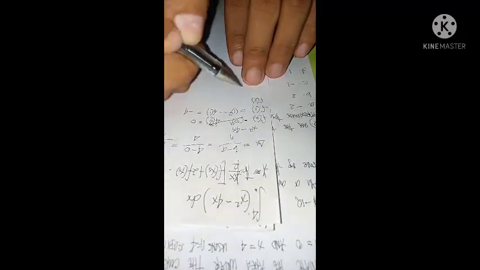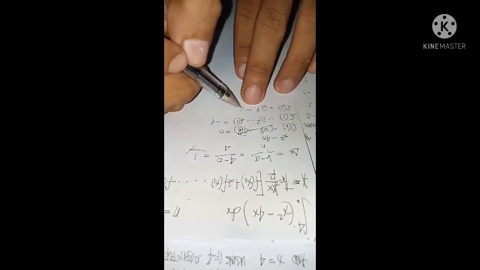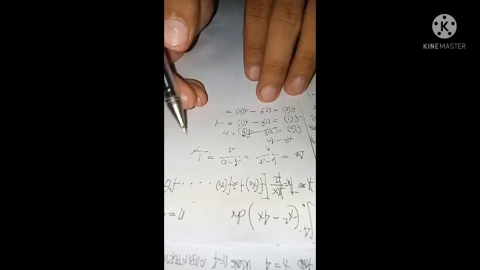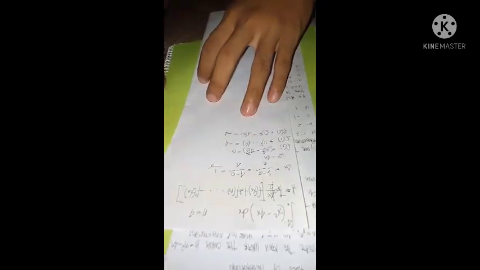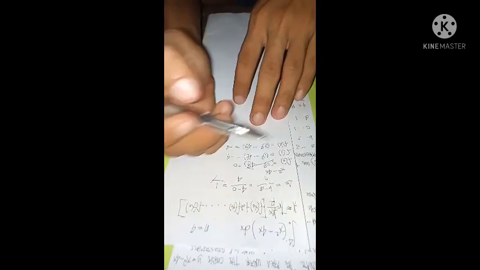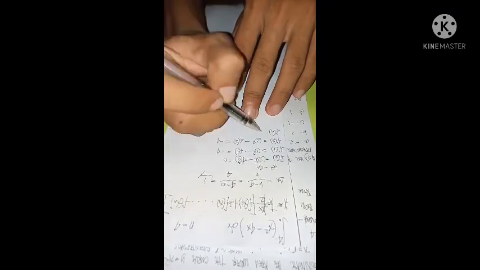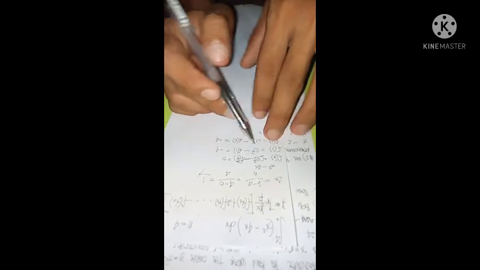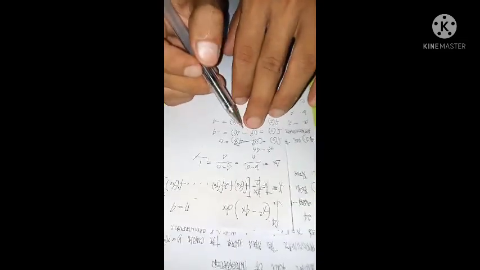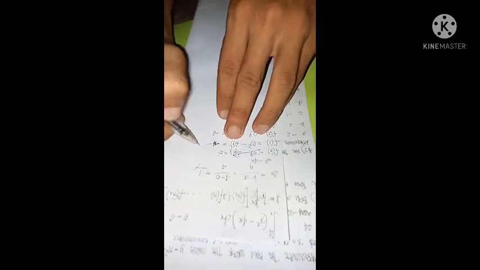At f of 2, which is equal to 2 squared minus 4 times 2, which is 4 minus 8, negative 4. At f of 3, so there is a mistake here. At f of 1, 1 minus 4, so definitely this is negative 3.